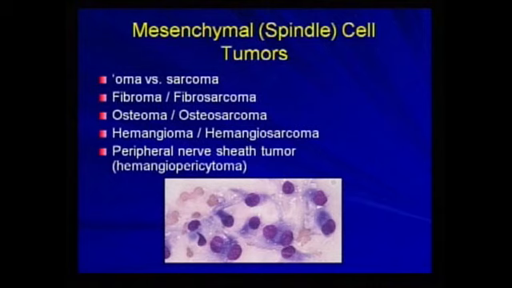These are very difficult to differentiate cytologically. And one of the most common, maybe the most common spindle cell tumor in our particular practice, are peripheral nerve sheath tumors. Okay, some people, when they are on the leg, will call them hemangiopericytomas.